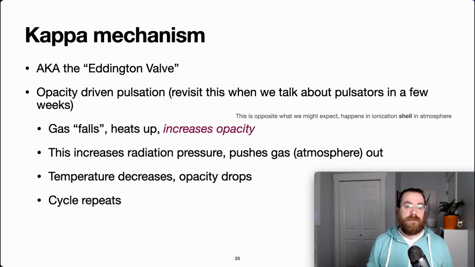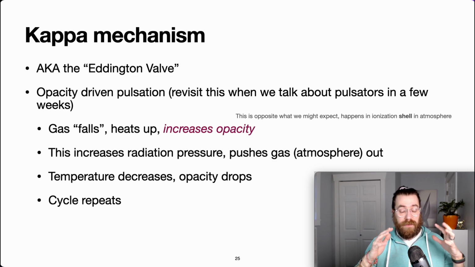Instead, this opacity mechanism flips over, the temperature dependence goes backwards to what you'd expect, due to ionized hydrogen or ionized helium. So partially ionized helium or ionized hydrogen can have the opposite effect on opacity that you would expect.